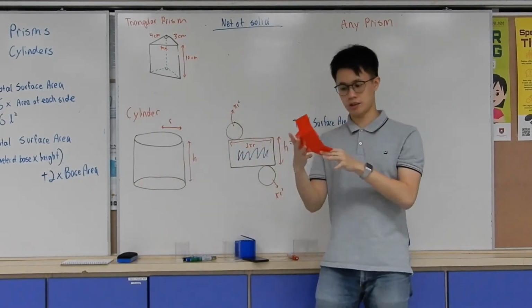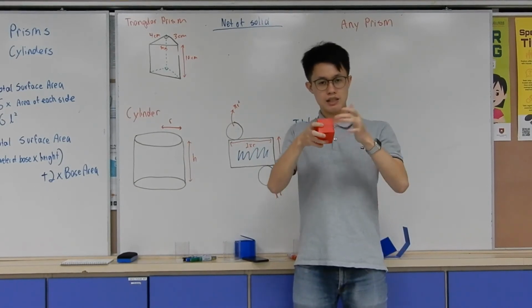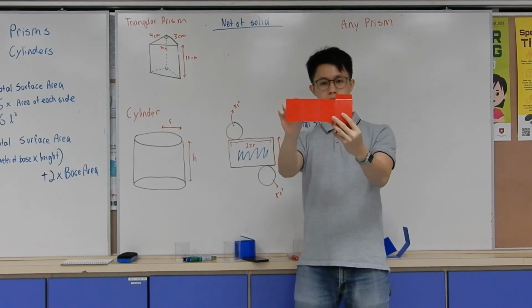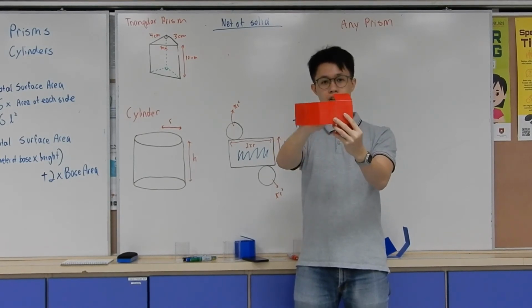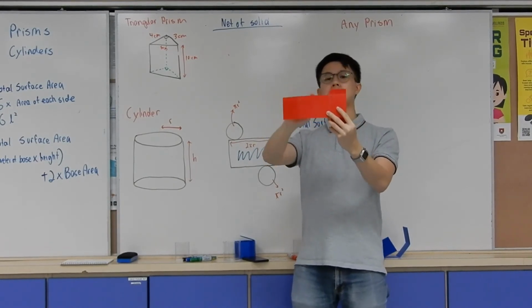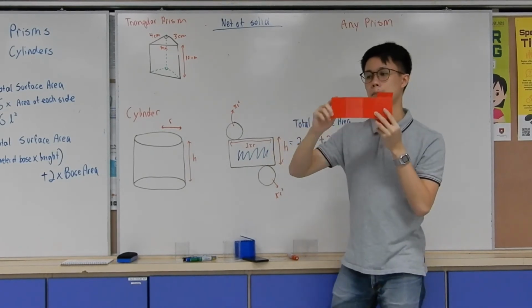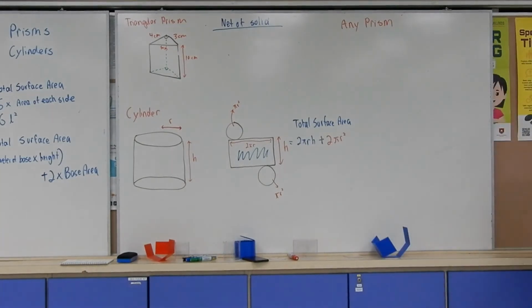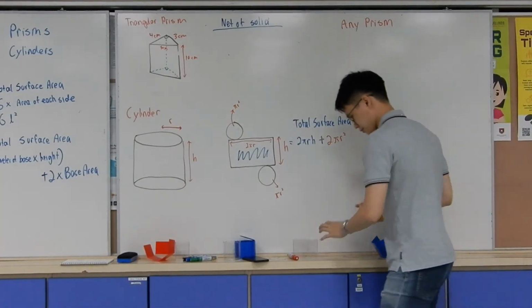Similarly for a cuboid, if I regard this side as my base, to find this length, it will be the perimeter of my base area.